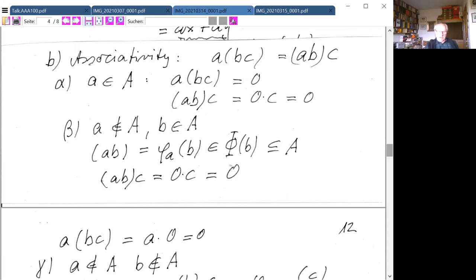First, if a is in capital A, then a times bc is 0, and ab times c is 0 times c, and this is also 0 since we already proved, this was done by Günter Pilz last semester, that this is zero symmetric.